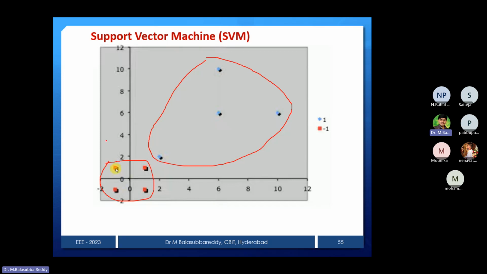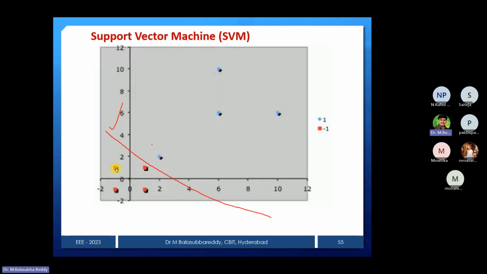It is easy to draw a hyperplane like this. If I make it one hyperplane line, something like this, then this is our optimal hyperplane. This portion is one group and this is another group. So those are the two classes. Let this be class 1 and this be class 2.